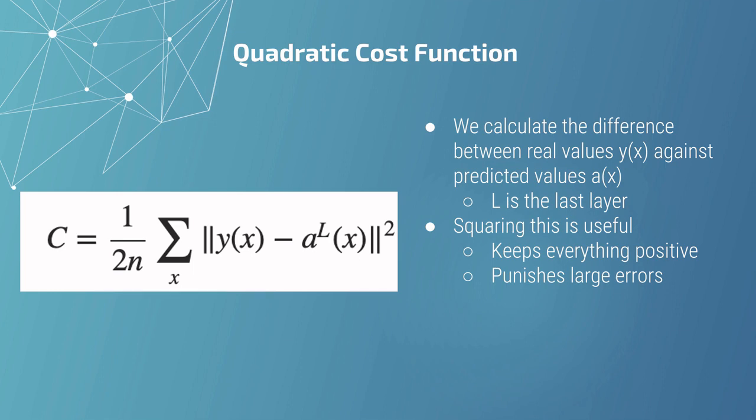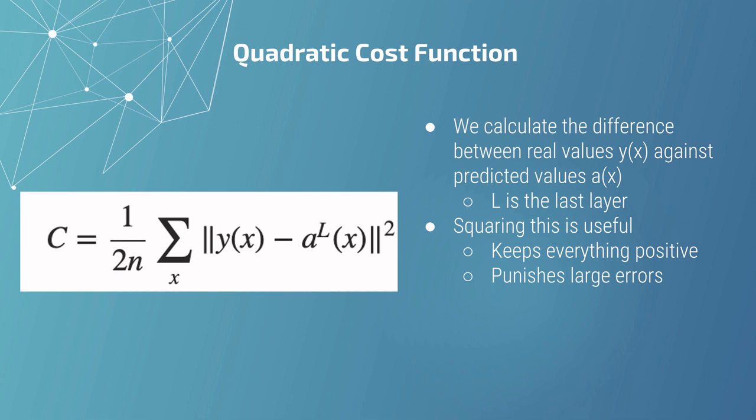We'll start with the quadratic cost function. Although this equation might look extremely complex, the understanding behind it is quite simple. All we do is calculate the difference between the real values, y of x, against the predicted values, a of x. Refer to a previous slide where we assign these as variables.